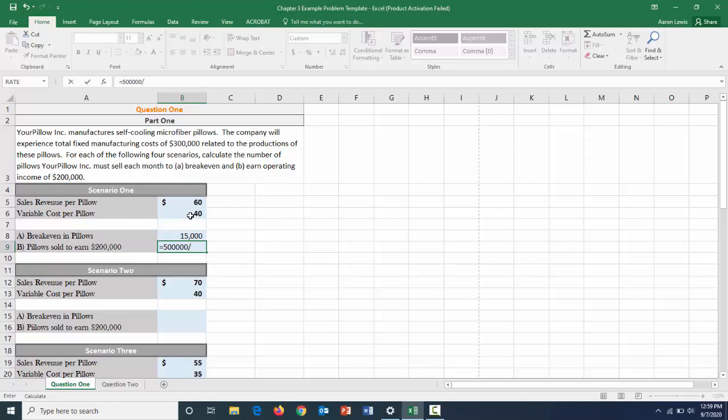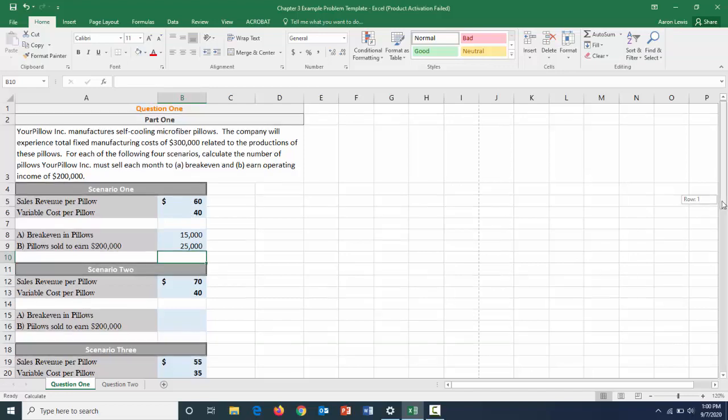And we're going to divide that by our contribution margin per unit, which in this case again was $20, the difference between sales revenue per pillow and variable cost per pillow. That comes out to be 25,000 pillows that we're going to have to sell at this price point and this variable cost point in order to earn operating income of $200,000.